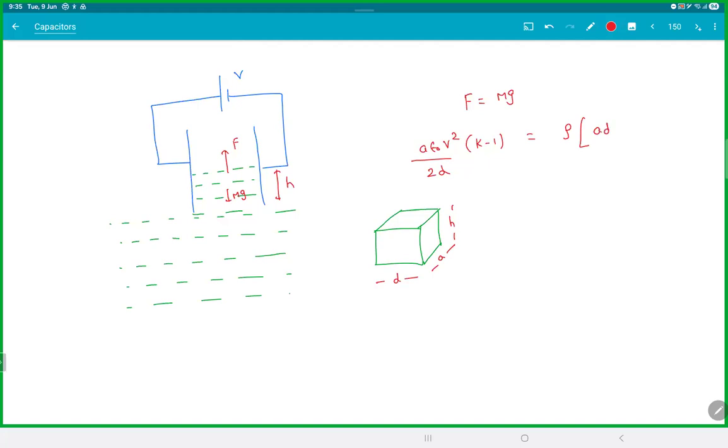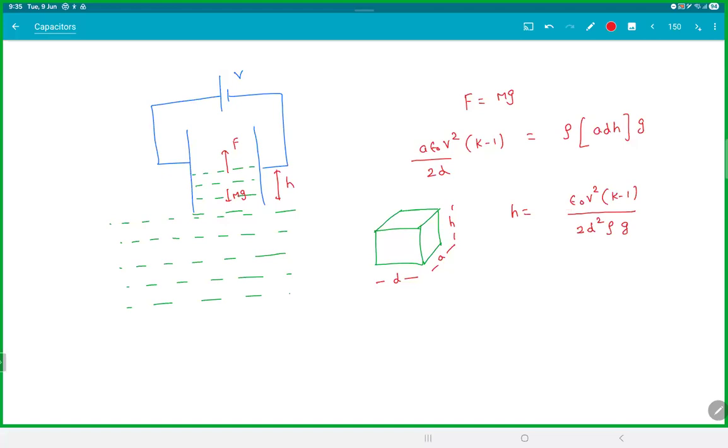So A d h into g. So again, you'll get h from here. A will cancel, so you're left with epsilon V square (k minus 1) by 2d square rho g. Yeah, I think that's your answer.